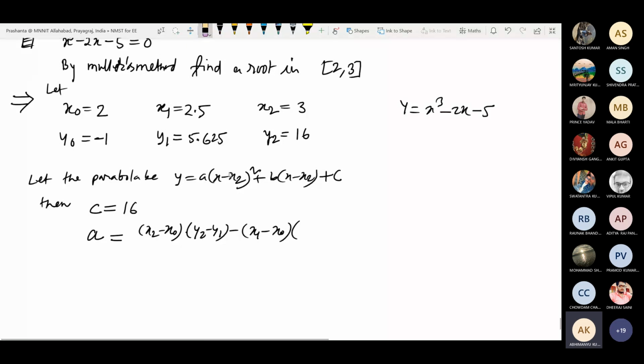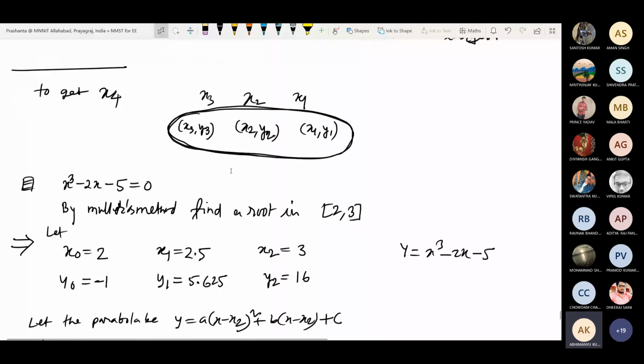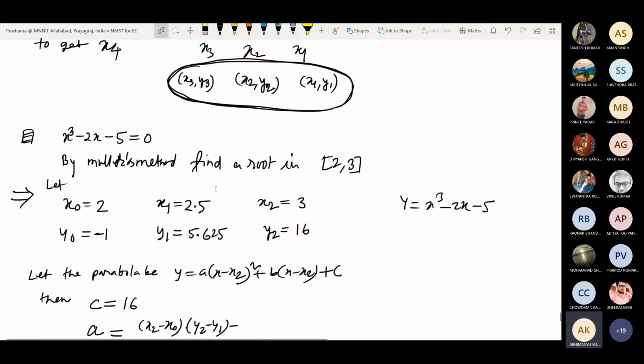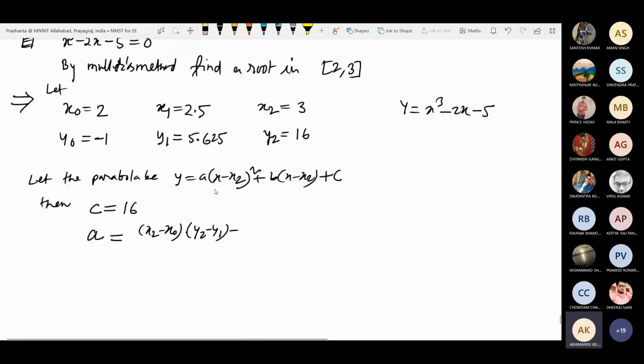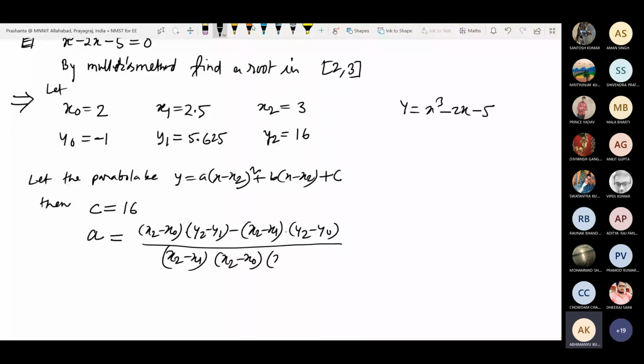Let me look at the formula. Okay, (x2 minus x1) into (y2 minus y0), by (x2 minus x1), (x2 minus x0), (x1 minus x0).